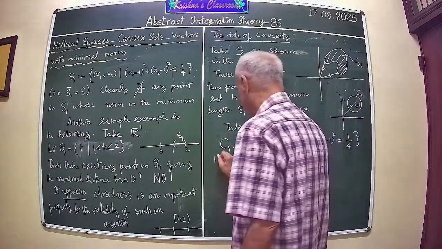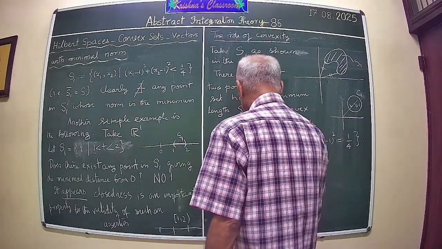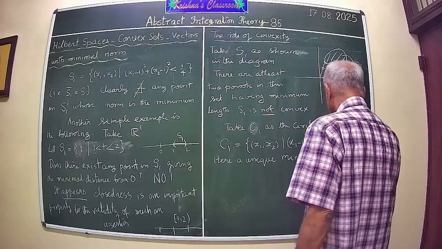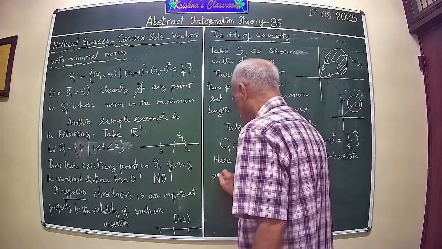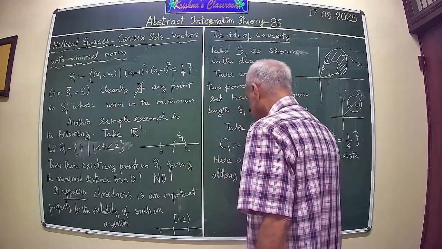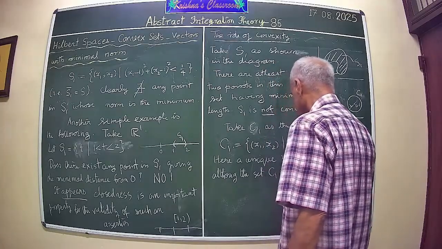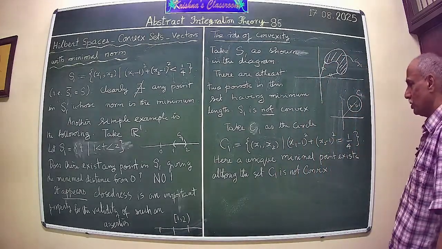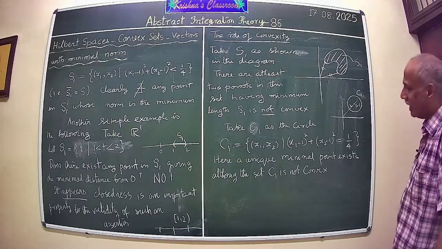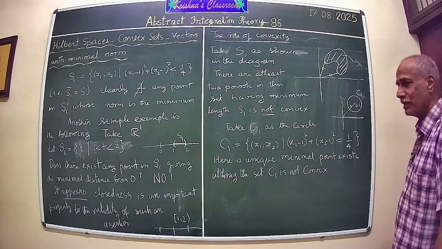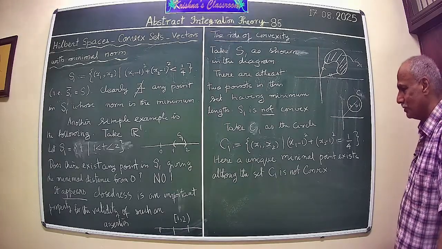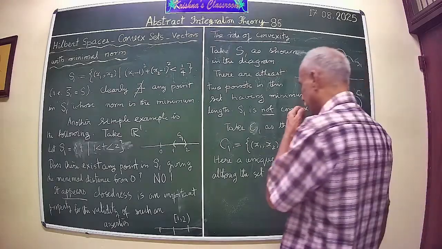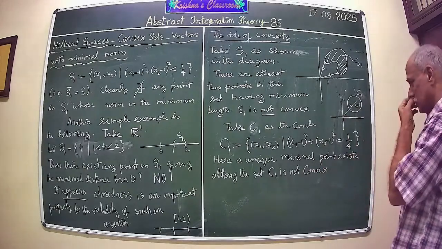Now here a unique minimum point exists, although the set C1 is not convex. So even if it is not convex, you may have this situation, but certainly you cannot make a statement that such a point exists in a general scenario. Here there are more than one such point that can exist in a given scenario. All these are possible.